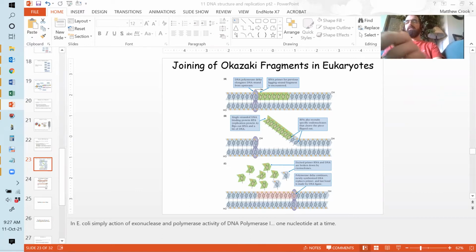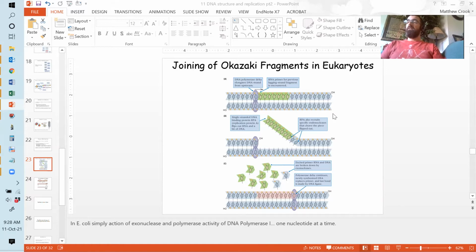Endonucleases cut within DNA or RNA, and exonucleases cut the ends of DNA, RNA. It's a really important distinction between the two because it depends on what cuts what and where, essentially.